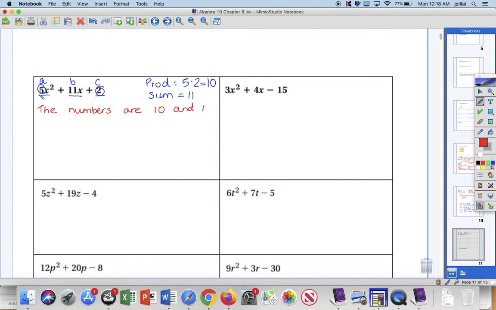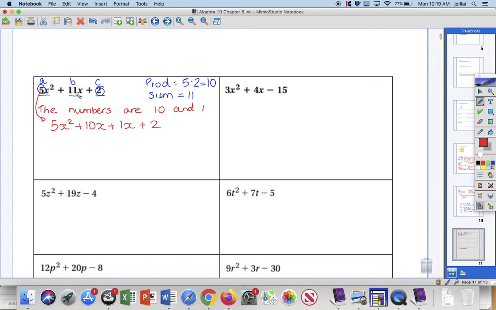So therefore, let's rewrite this expression. It's 5x squared plus the 11x is now going to be written as 10x plus 1x plus 2. Normally we don't put the 1 here, but I'm just showing you what happens. You can opt to not write it, or you can still write it.